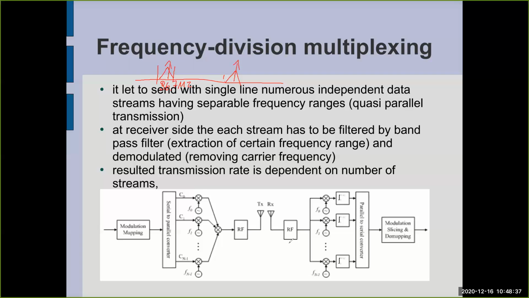On the receiver side, the demodulation is performed, so this process is opposite. So the particular band is extracted and the carrier wave is erased. So it lets me recover also the n independent streams of data.